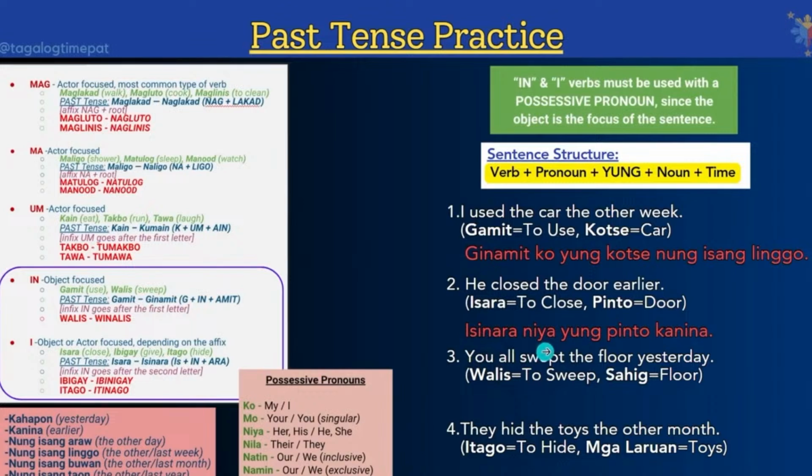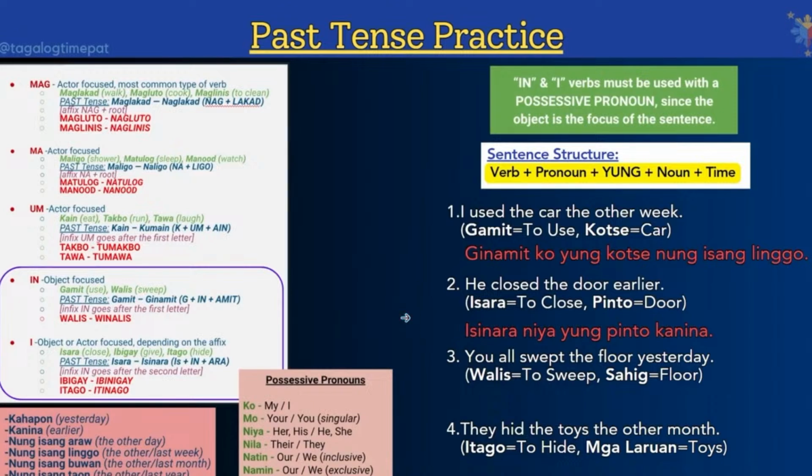Then it's the pronoun niya, which is he or she in the possessive pronouns. Then it's the word yung, which means the. Then it's the noun pinto, which means door. Earlier is kanina. So we are just plugging all of the words into the sentence structure and then using the conjugation patterns that we learned.